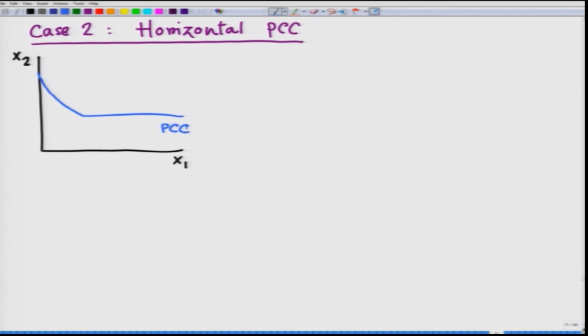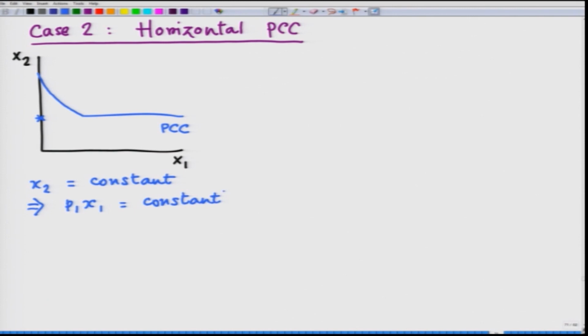Now, what does that mean? That means that after some level of consumption, the consumption of x2 does not change anymore, right. So, x2 becomes constant. So, that means that from the budget equation P1 x1 becomes constant as well.